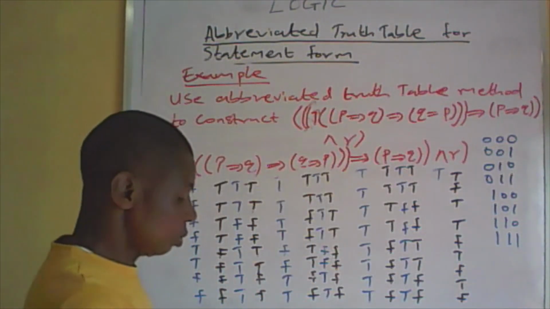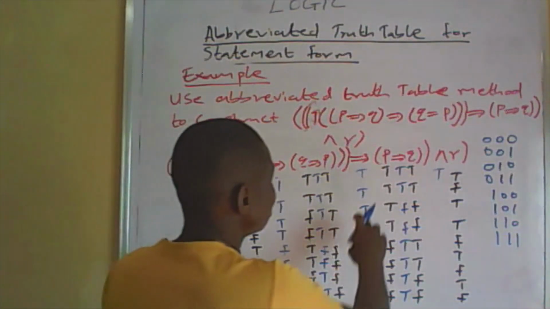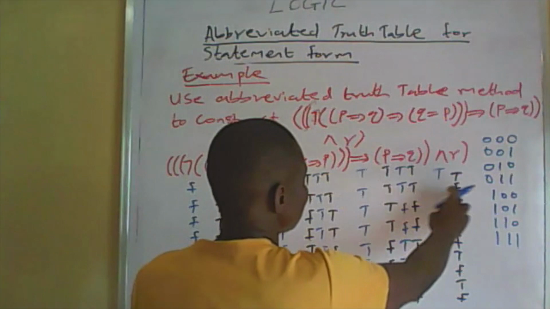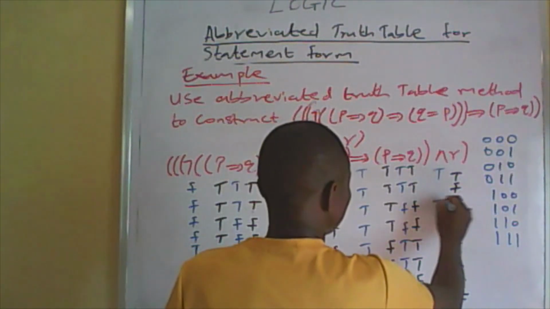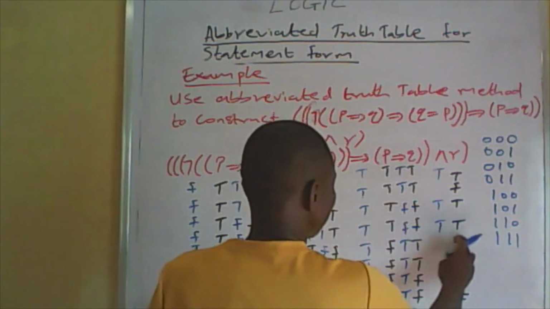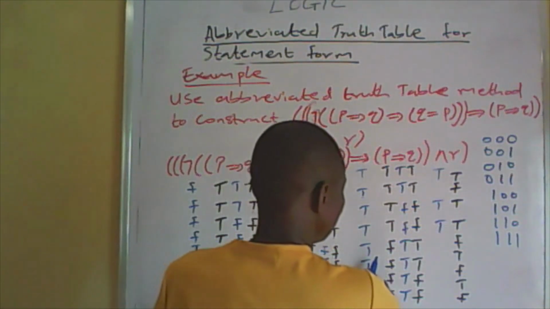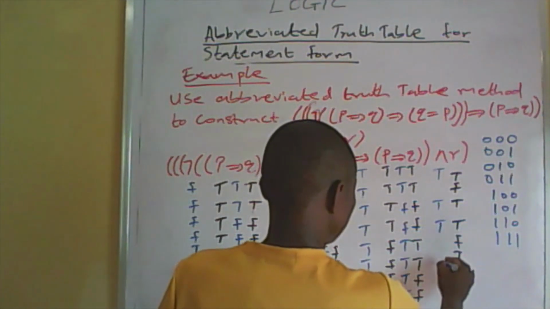Then we continue. Here is T, here is T, so it is T. Here is T, here is T, so it is T. Here is T, here is T, so it is T.